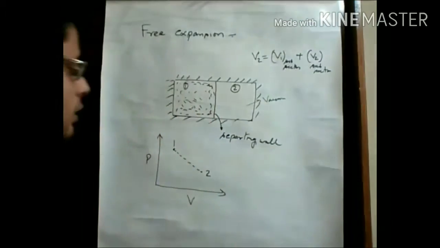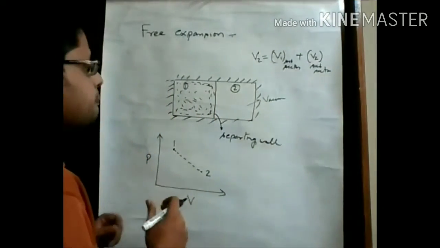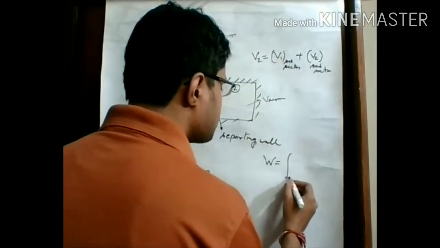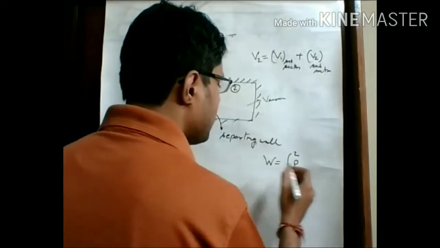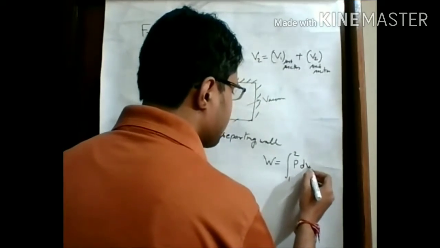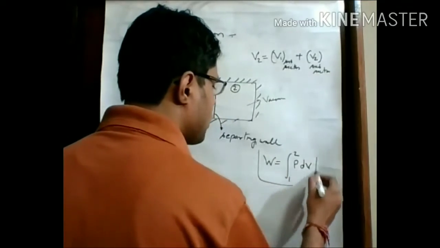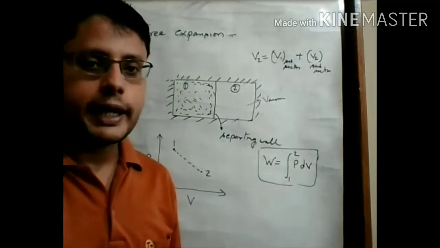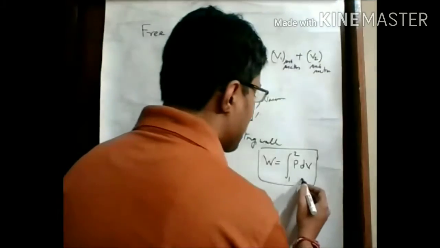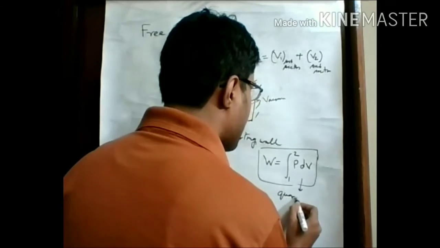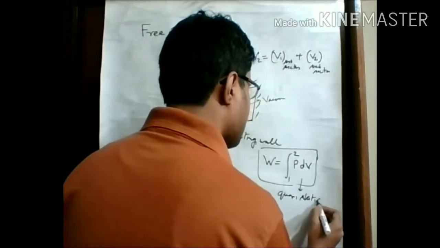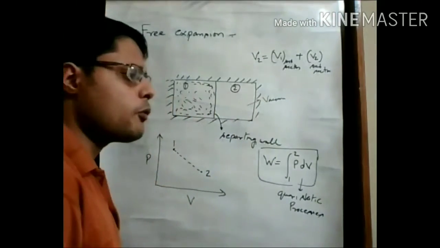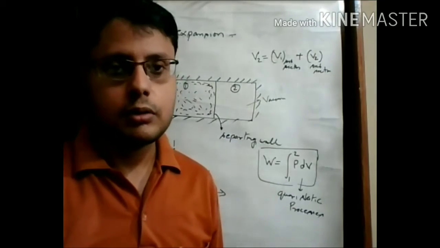To calculate work done, we already discussed the expression W equals the integration of PdV, where the state changes from first to second. But this expression is only valid for quasi-static processes. That means the process must be performed in a very slow manner.